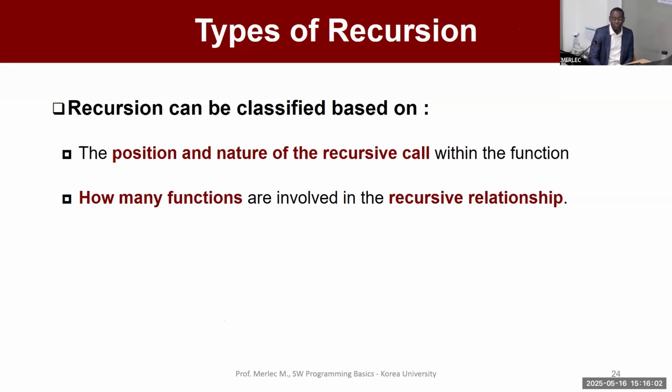So these are the 2 main criteria we use to classify recursion. First, the position and the nature of the recursive call within the function. Second, how many functions are involved in the recursive relationship.